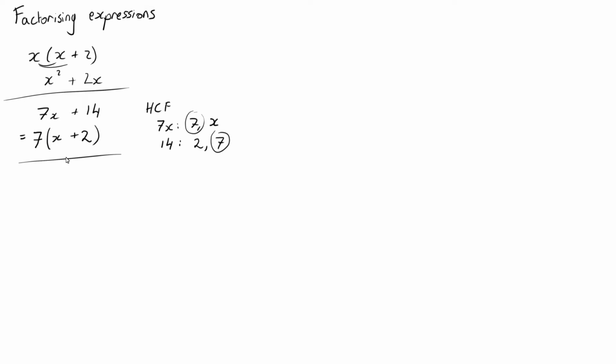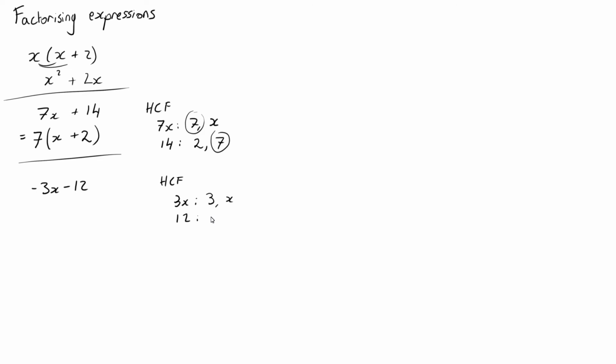Let's have a look at another example. Let's say we've got minus 3x, take 12. Again, looking for the highest common factor between minus 3x and minus 12. If we were just to look at 3x and 12, ignoring the negative sign for a moment, our factors of 3x would be 3 and x.